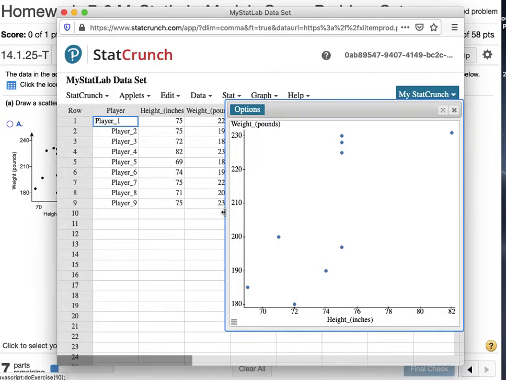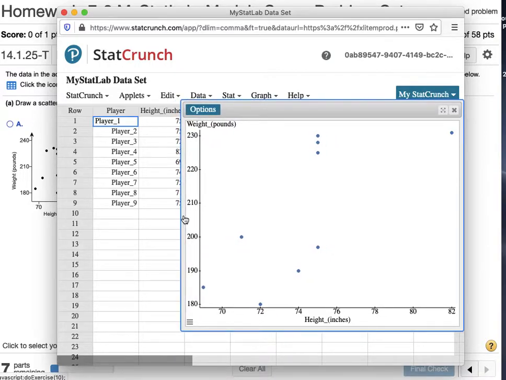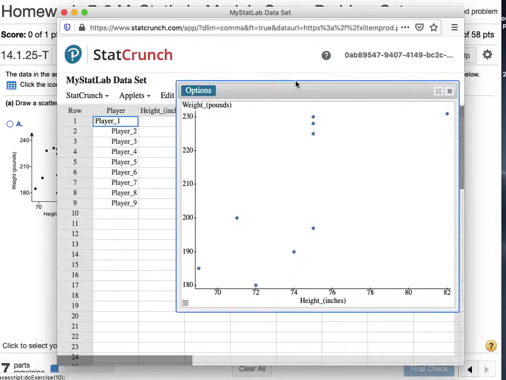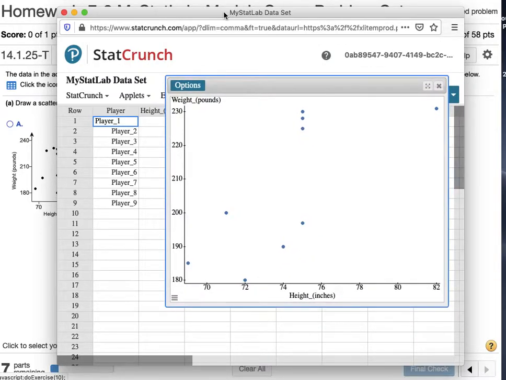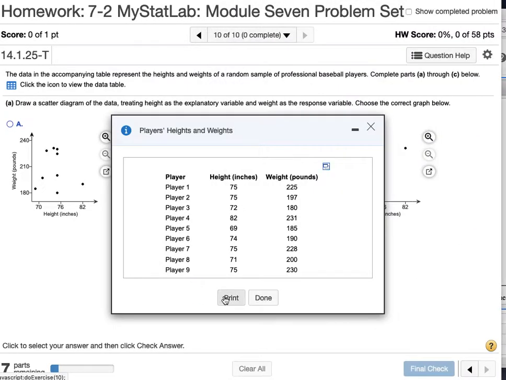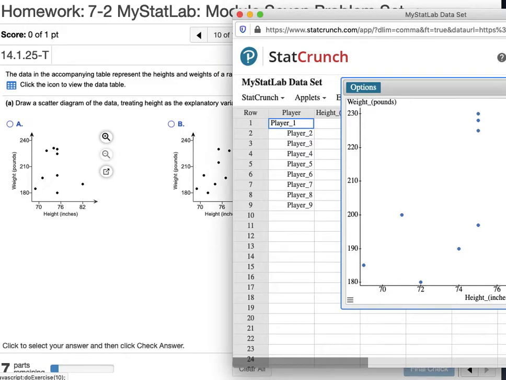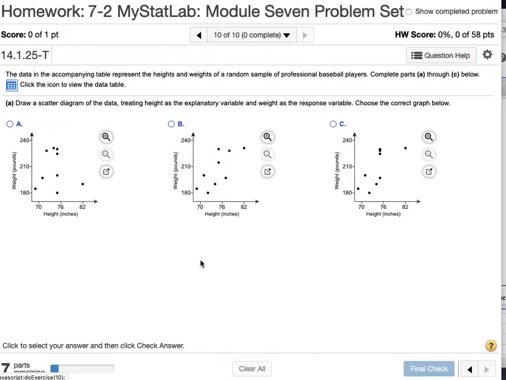And then, let's see. So we're going to be comparing this to the graphs over here. So let me go ahead and count on that. So, these are sometimes so hard to tell.